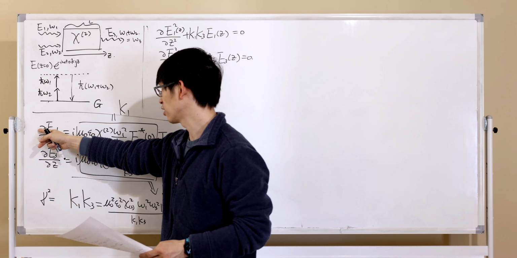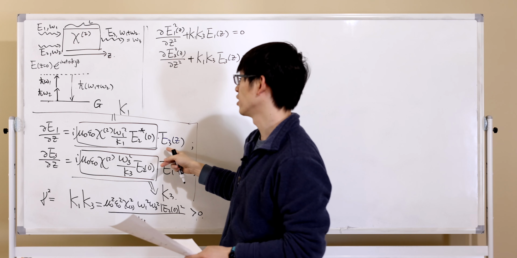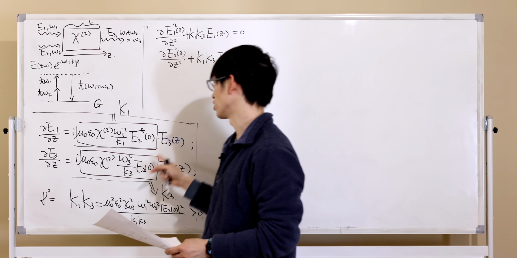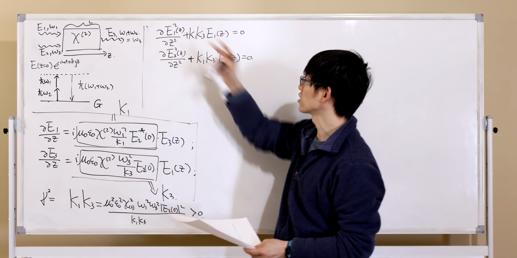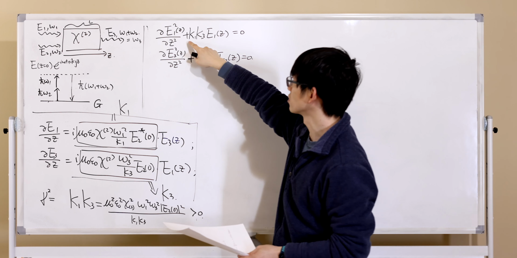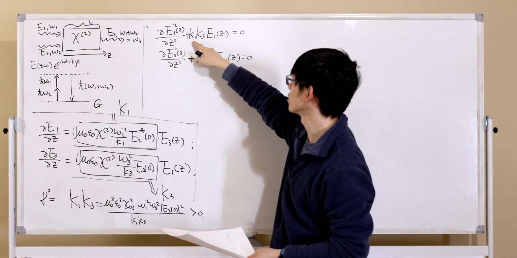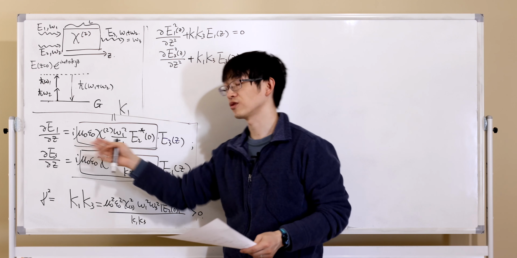This side would be the second derivative of E1, and this side would be the first derivative of E3. We know the first derivative of E3 is just the second equation, so you plug that back in here. Eventually, you get a second order derivative equation of E1. It's proportional to a coefficient, second derivative, plus a constant times E1 equals 0. And you can do the same for E3.